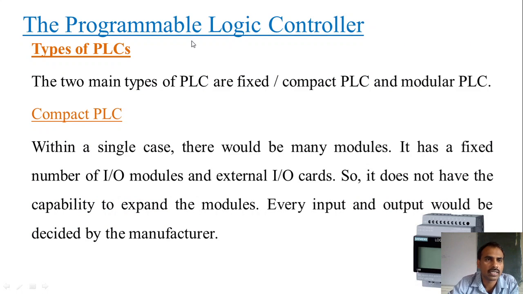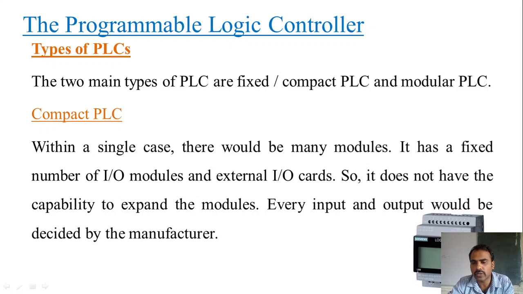So here we will see types of PLCs. There are majorly two types of PLCs. One is a fixed or compact PLC, and the other one is a modular PLC. You can see here how a compact PLC looks like. In a compact PLC, everything will be in one single module, that is, the input output modules and the CPU are all embedded here, and this compact PLC will not have the capability to expand the modules.